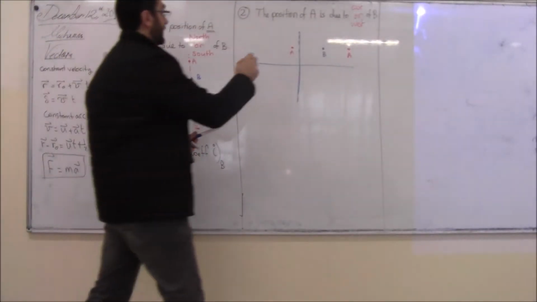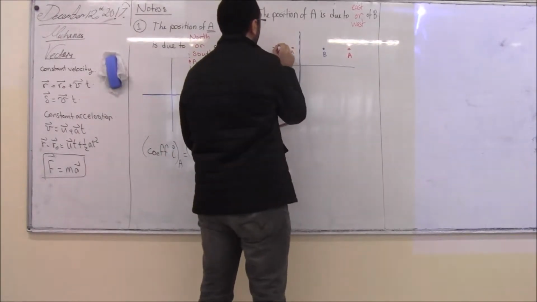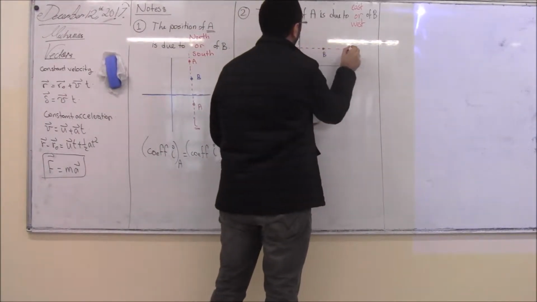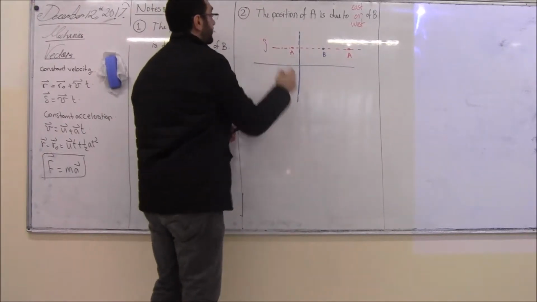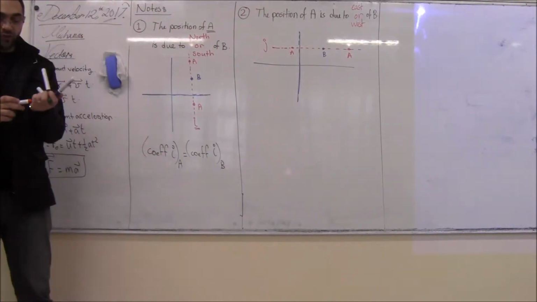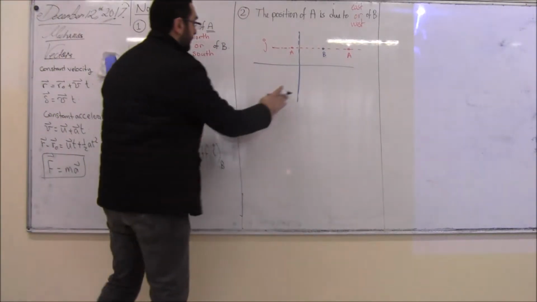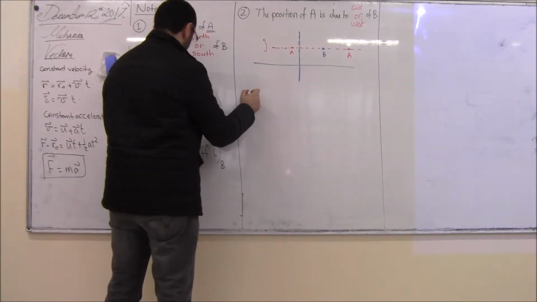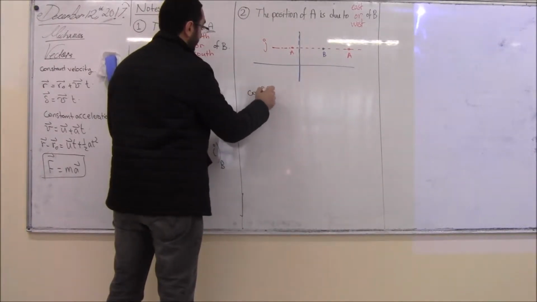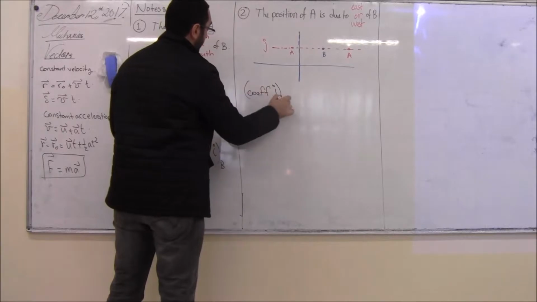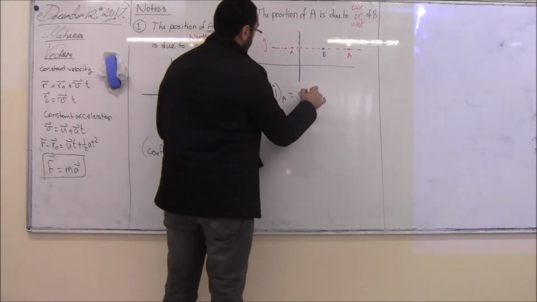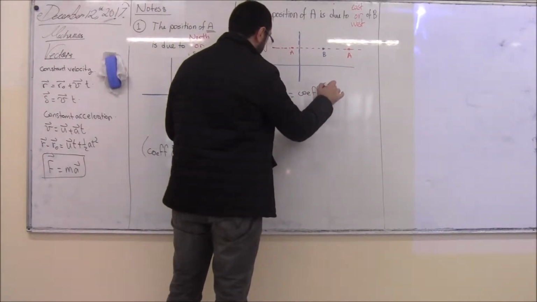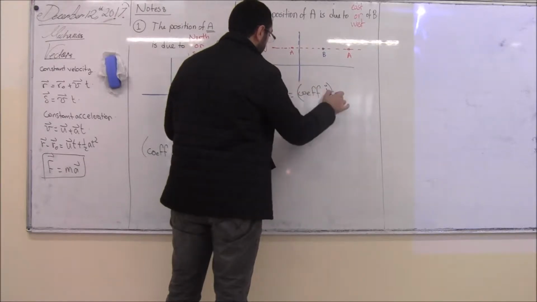So what do they have now? They will have the same coefficient of J. So the coefficient of J for A equals the coefficient of J for B.